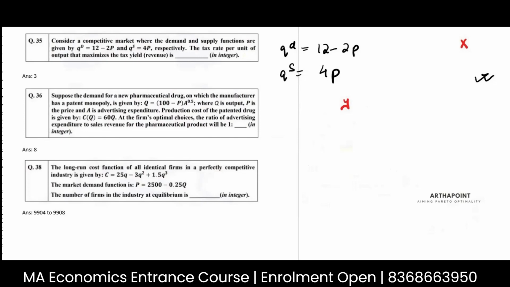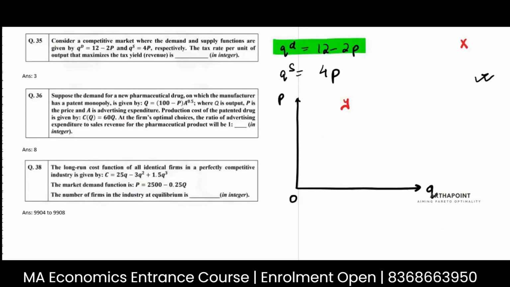It's in basic videos of microeconomics if you have a look there. This just says that imagine you have this demand curve. So I take quantity here and I take price here. And I just want to plot this demand curve, 12 minus 2p. So when price is 0, demand is 12 units.